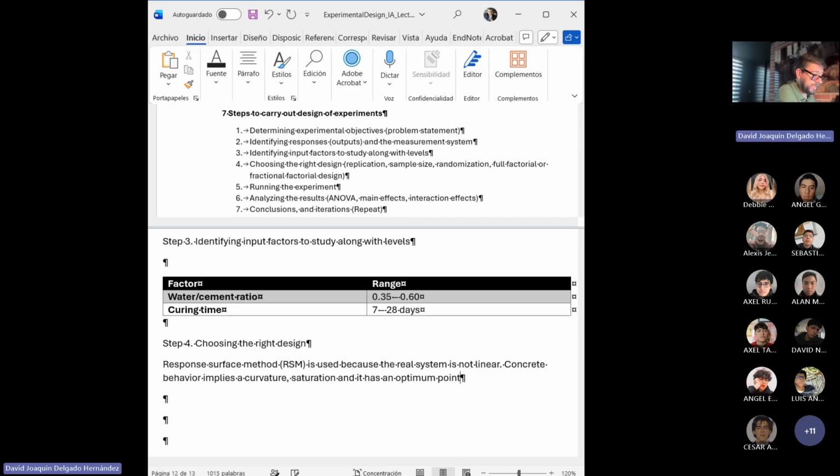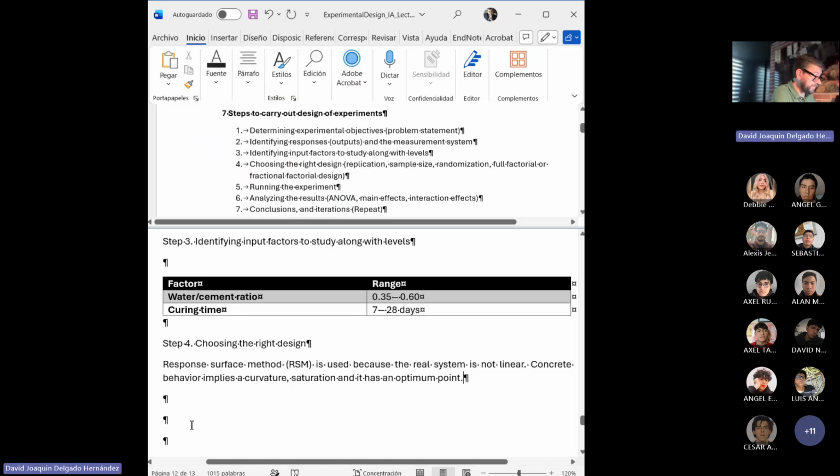I think that there is an optimum combination of materials that leads to the best compressive strength. Okay, you can optimize this mix in order to have a very strong concrete. Okay, so we are going to use the response surface design.